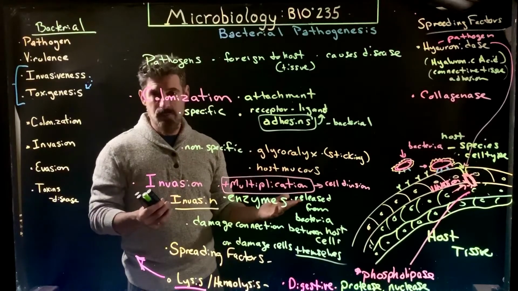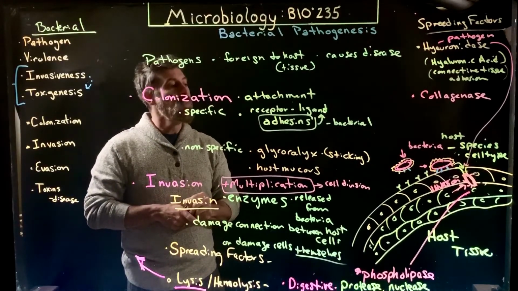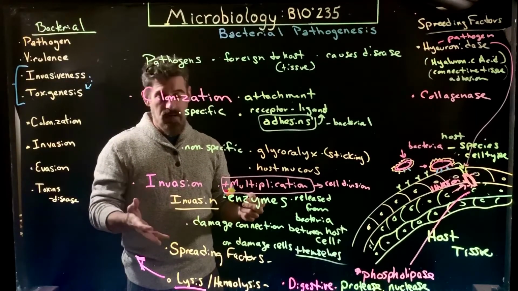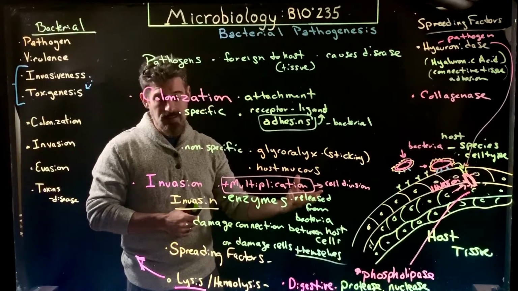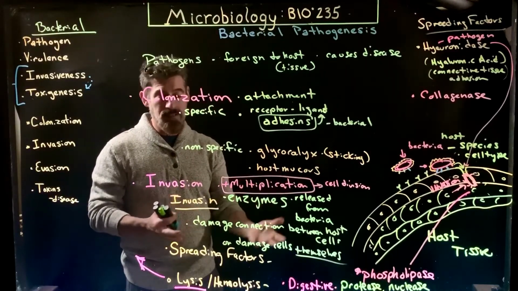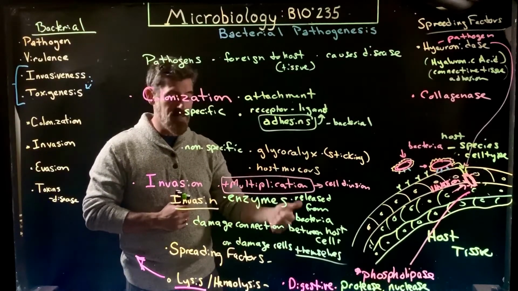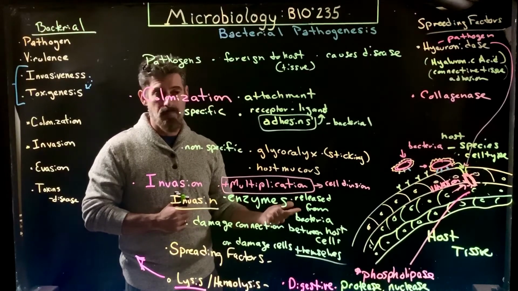There are all sorts of other specific ones you can read about as well. Those are major categories. Those are collectively called spreading factors. Once the bacteria starts to invade the tissue like this, they then start breaking down the materials within the tissues, and then we get additional cellular lysis, and then the breakdown of the contents of the cell itself.